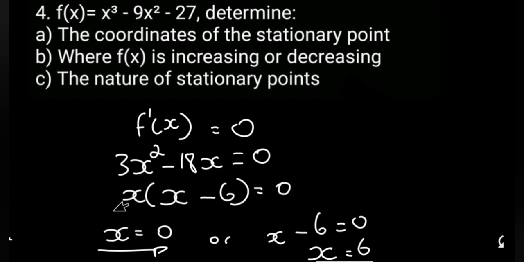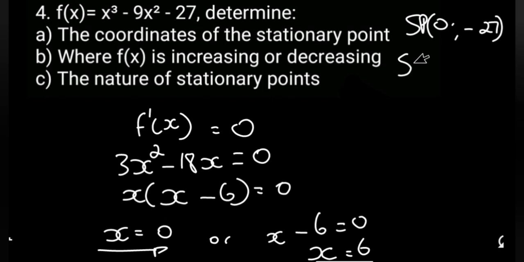Now we need to find the y coordinates of the stationary points by substituting these x coordinates into our original function. Our first stationary point is 0 paired with, if you substitute 0 in this expression, negative 27.